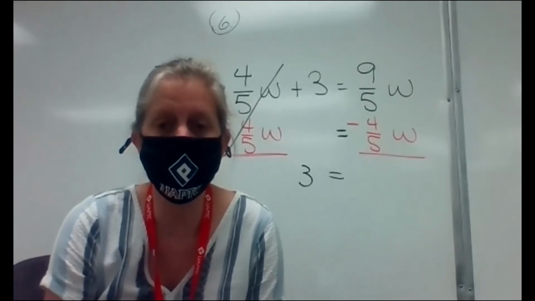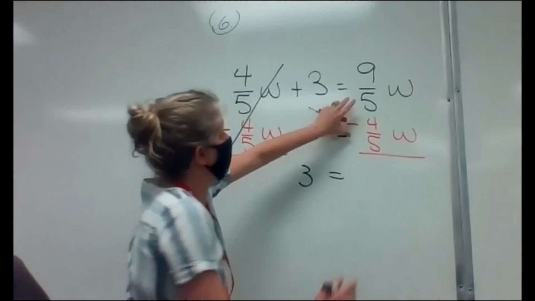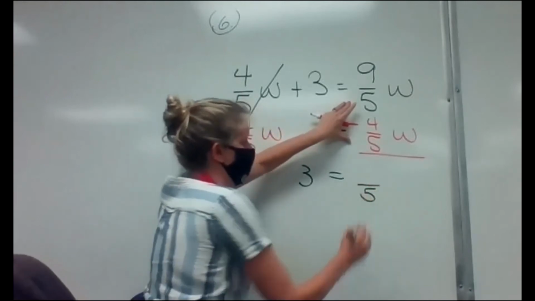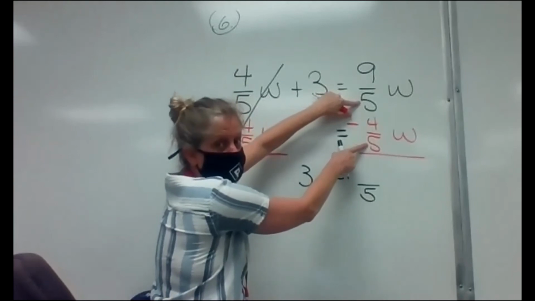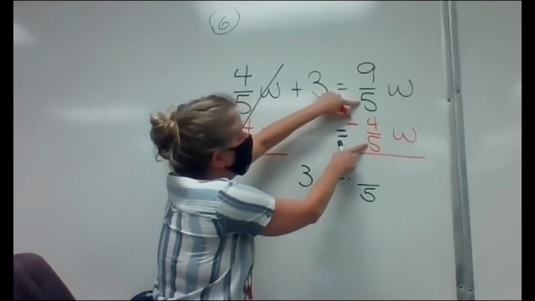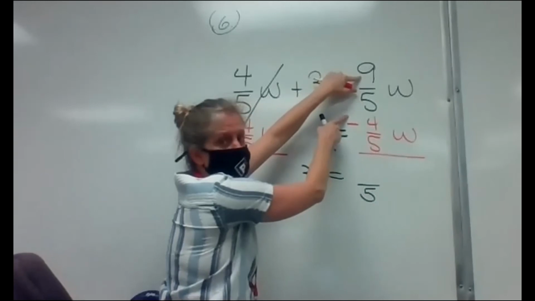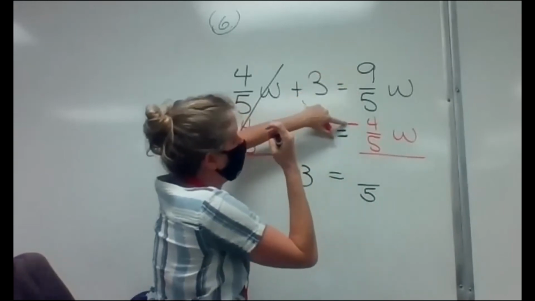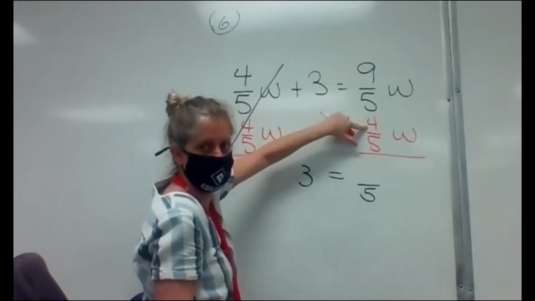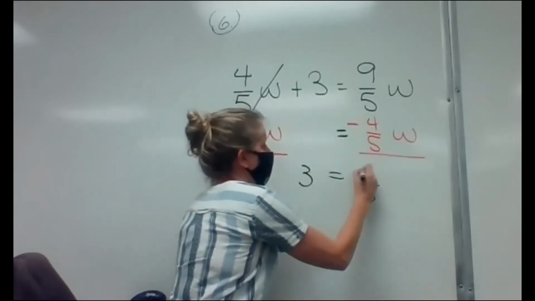When you have the same denominator, and you're adding and subtracting, you're going to have that same denominator in your answer. The denominator is the bottom number of the fraction. All you have to work with is the top numbers. So all I have to figure out is what 9 minus 4 is, which is 5.